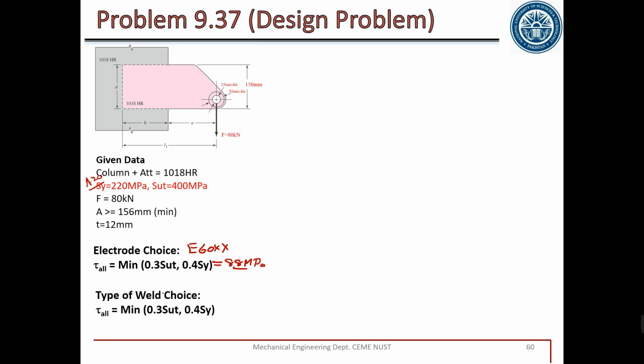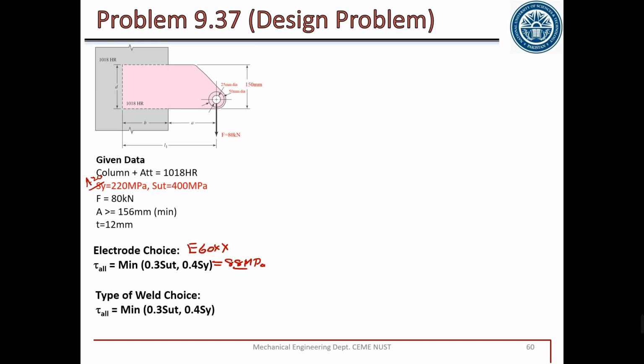Type of weld. Now the third thing is which type of weld we can use here. Depending on figure of merit, in table 9-1, case 2 and case 5 both can be used.